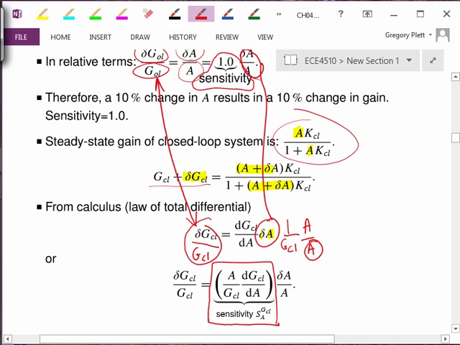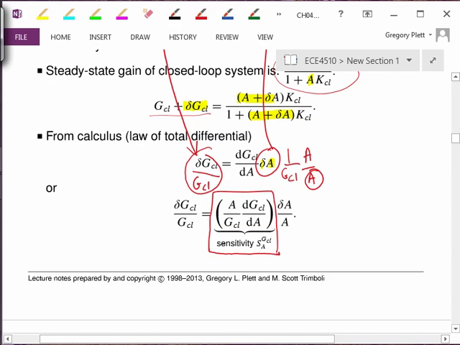So the sensitivity you can think of as the change in gain divided by the change in parameter in total terms, but also normalized by the original gain and the original parameter to get it in a fractional sense, instead of an absolute sense. It's a relative sense. And that's our sensitivity, and we give that the name S for sensitivity, sub A, the parameter that we're comparing sensitivity for, and then the gain, what we're evaluating the sensitivity of.